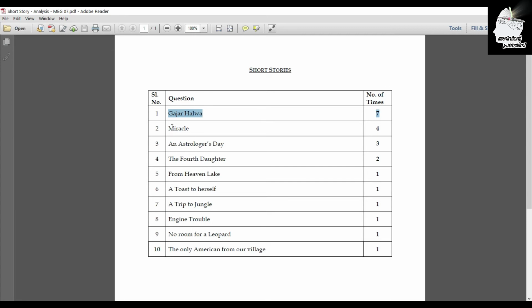The second important one is Miracle. Then also An Astrologer's Day and The Fourth Daughter. For the remaining ones, be sure that you know at least these 10 short stories very well, at least the story, and you can write something about it. This will also be provided in the description.